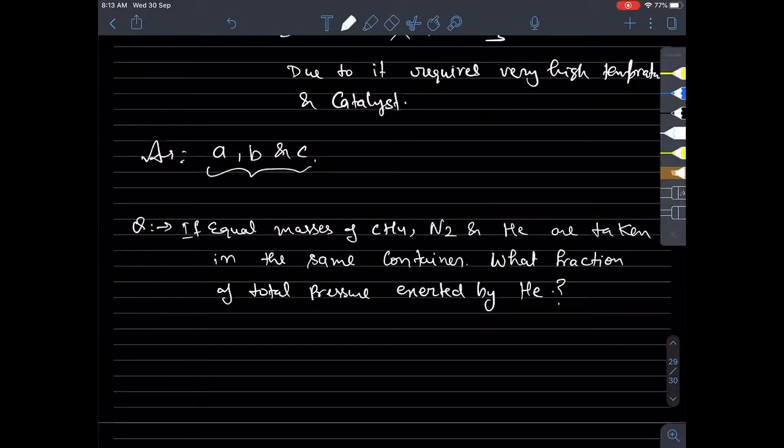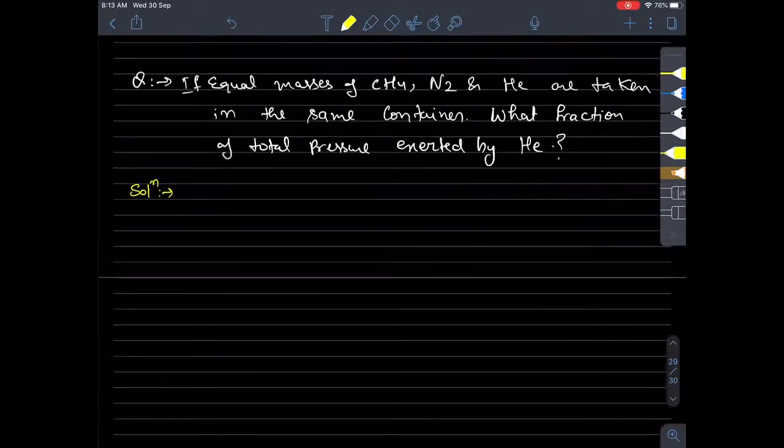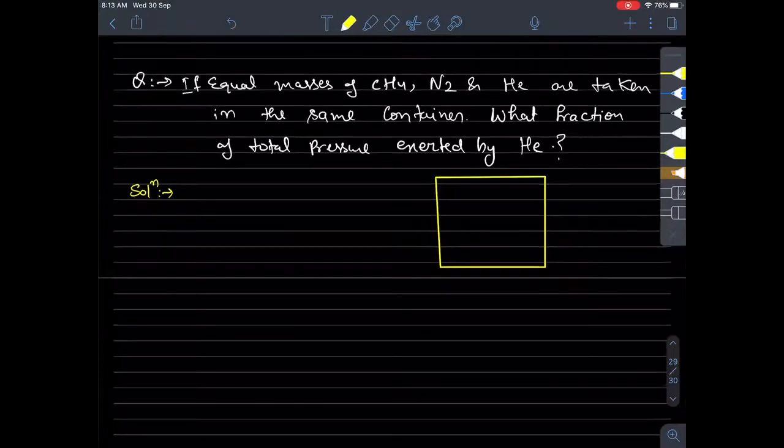28/39. Hmm. That is really simple. Now we are having all three gases, basically O2. Sorry, O2 is not there.